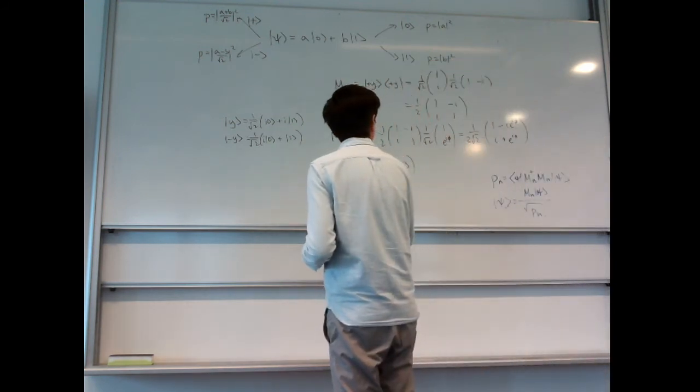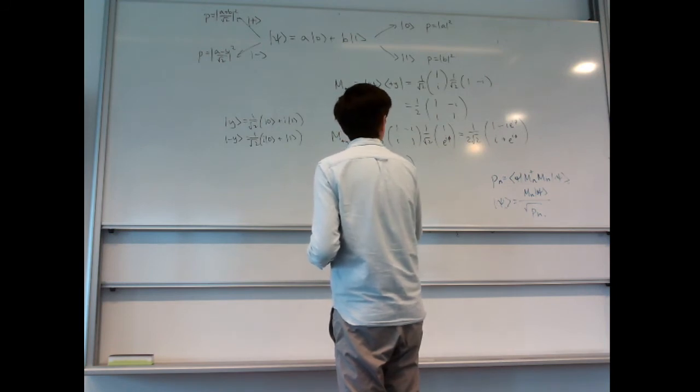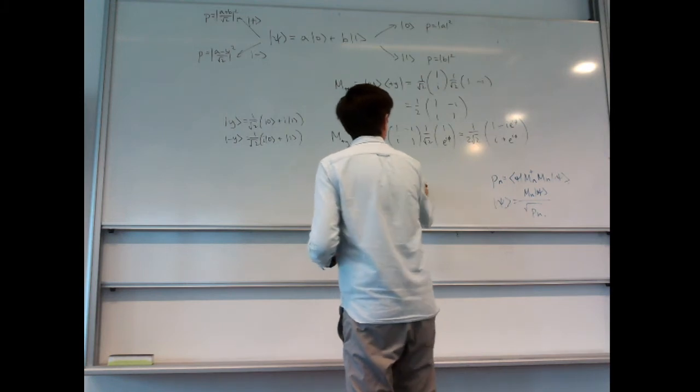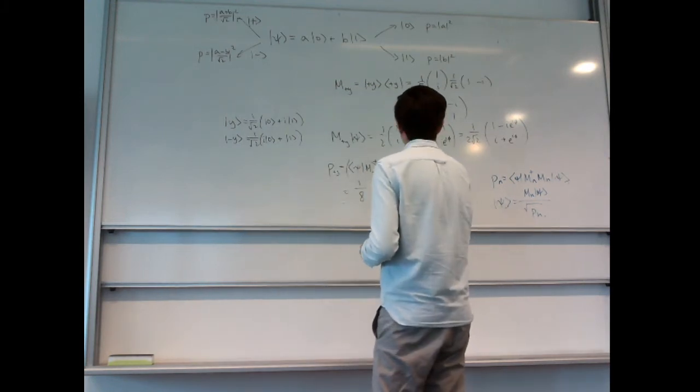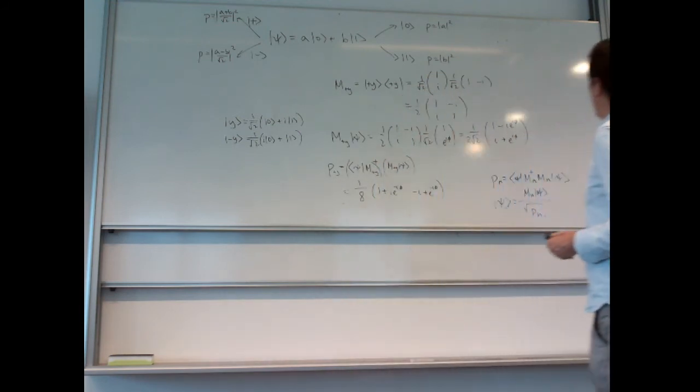Out: 1 over 8, (1 plus e to the minus i phi), and (minus i plus e to the minus i phi).